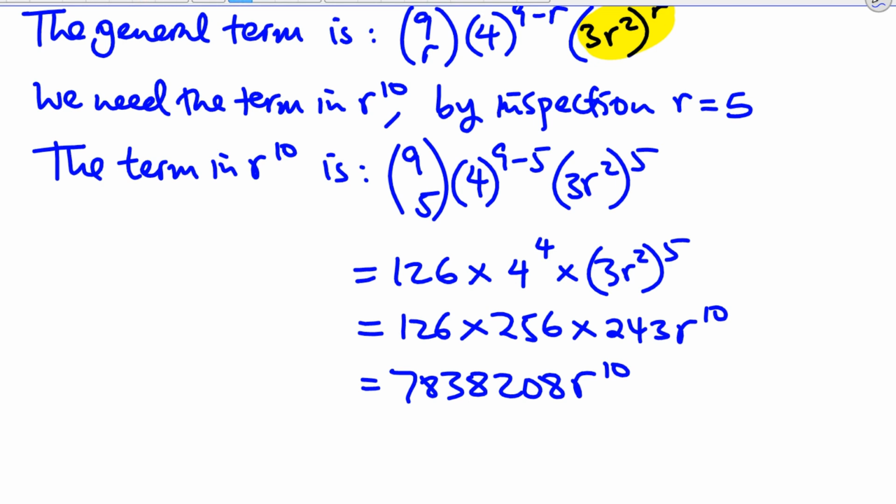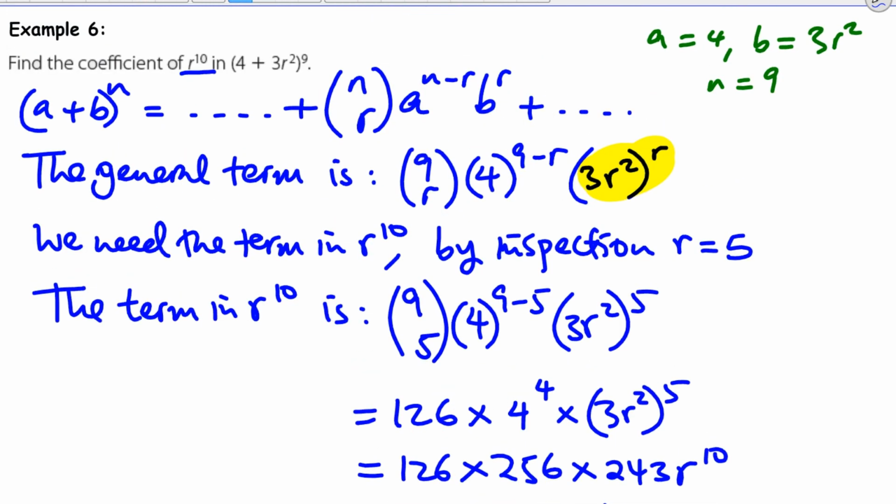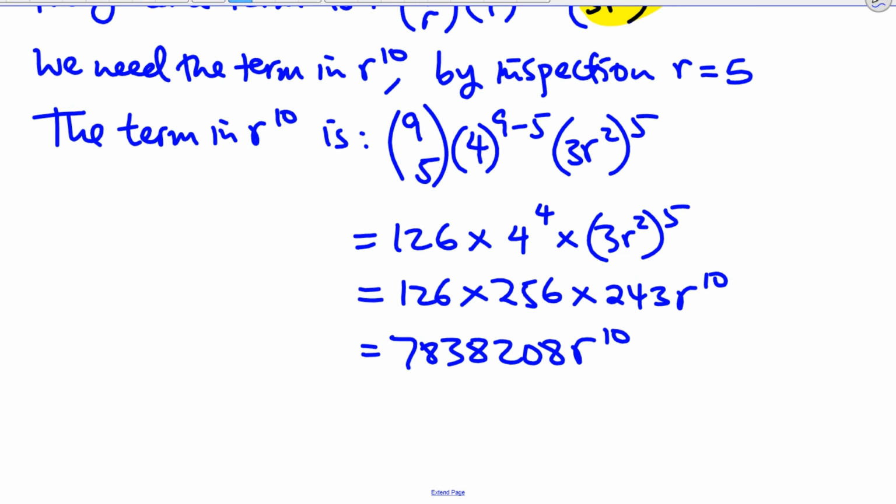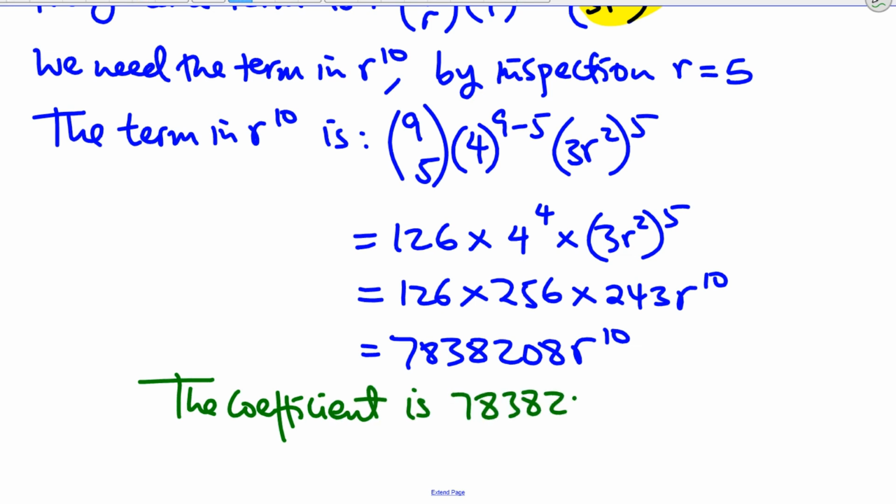So to answer the question, the coefficient of r to the power 10 is 7838208.